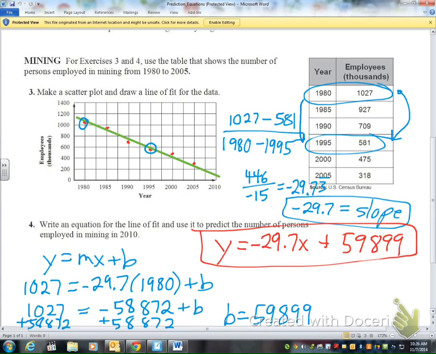If I had plugged in 1995 and 581 as my x and y values here, I would have gotten a different b, and my equation would be a little bit different. Hopefully not too different, because if we're working this properly, it should be fairly close.